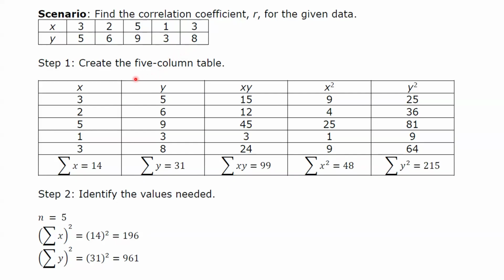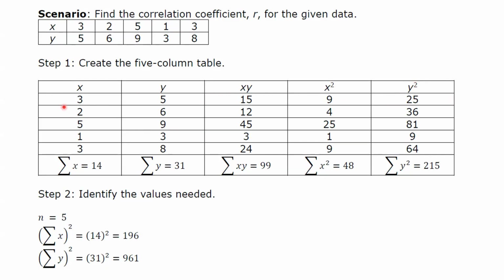In the first row, x is 3, y is 5, x times y is 3 times 5, which is 15, x squared is 9, and y squared is 5 squared, which is 25.